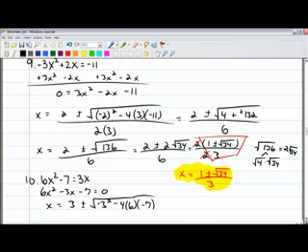Careful there, you're going to subtract a negative. And that's also divided by 2a. So 3 plus or minus the square root of 9 subtract negative 168. And that's divided by 12.